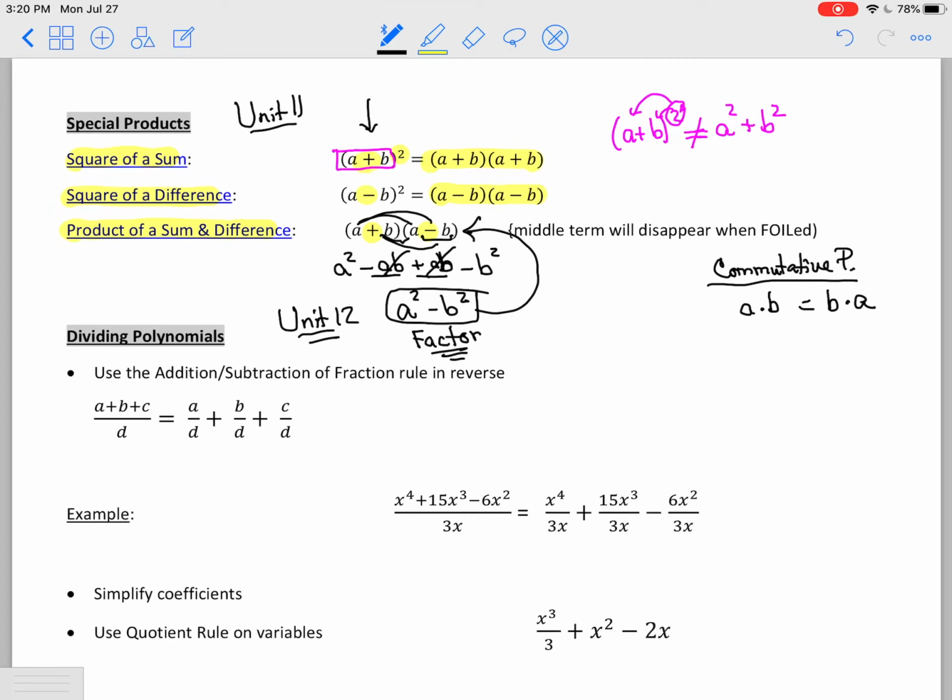So interestingly enough, Units 11 and 12 are kind of the opposites of each other. They go together, and we need to really understand Unit 11 before we can move on and understand how we factor in Unit 12.